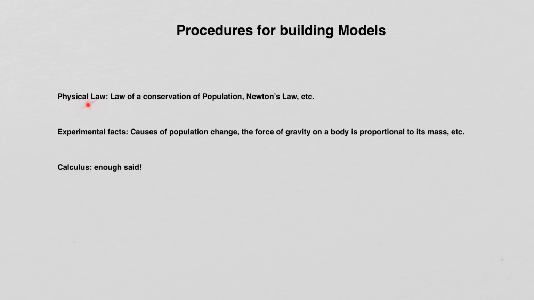One is the physical law, such as the law of conservation of population or conservation of energy or whatever, Newton's law. And then the second one is the experimental fact, such as the force of gravity on a body is proportional to its mass. And then we're going to glue these two together with calculus, okay? So that's how we go about building these models.